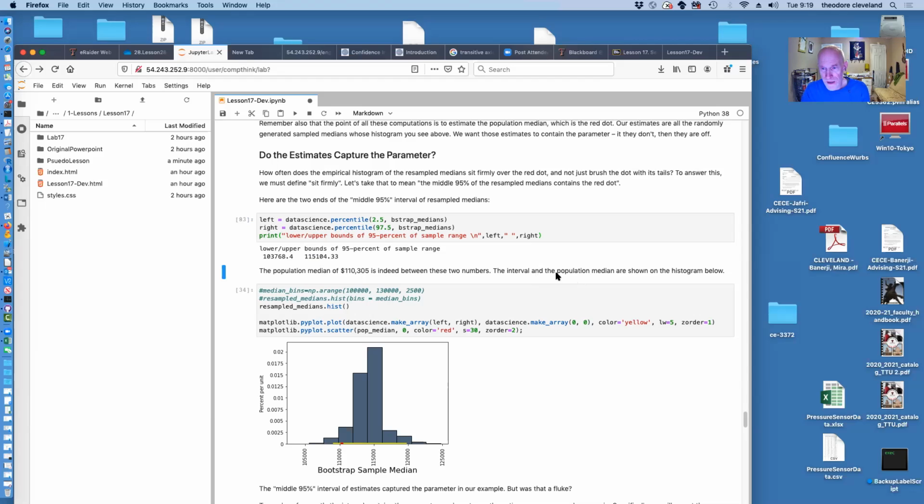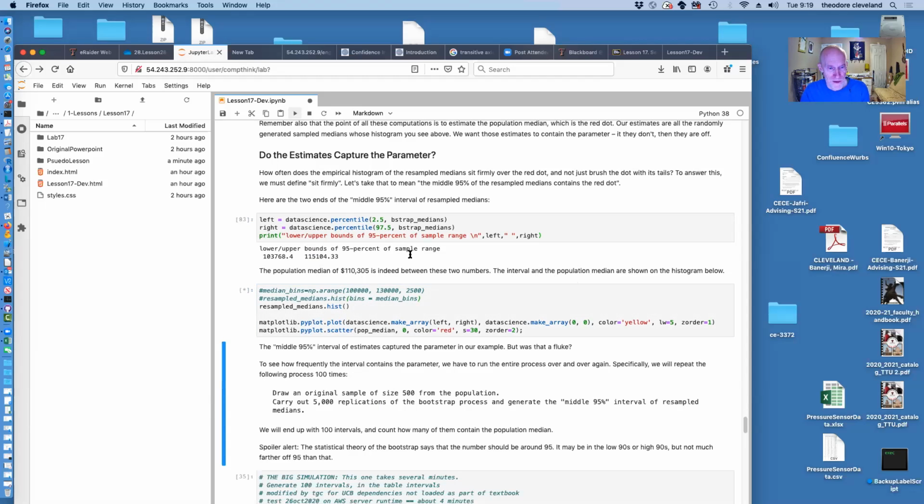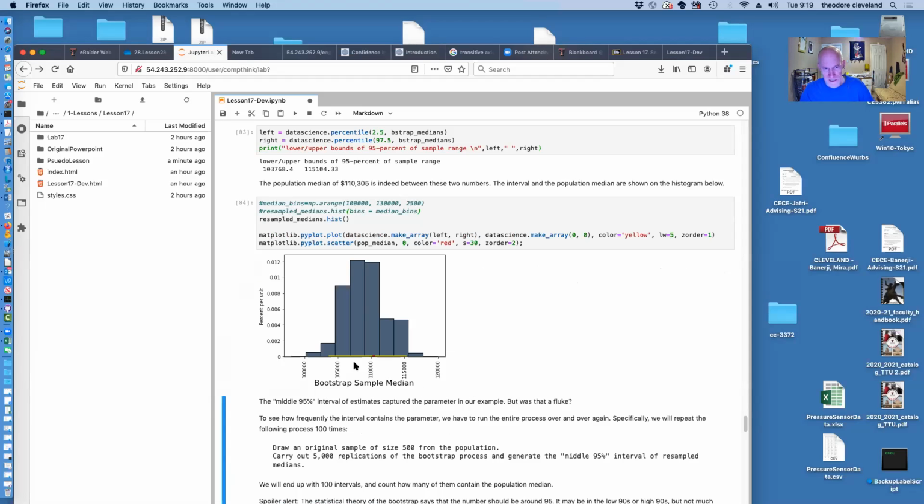So the interval and the population median can be displayed on the histogram. This one has some pretty cool plotting stuff. So this yellow bar represents the interval estimate. And let's see what happens if I bump up the line width.